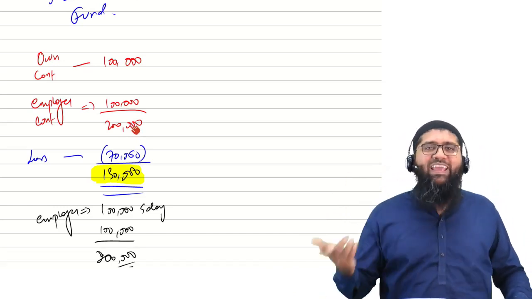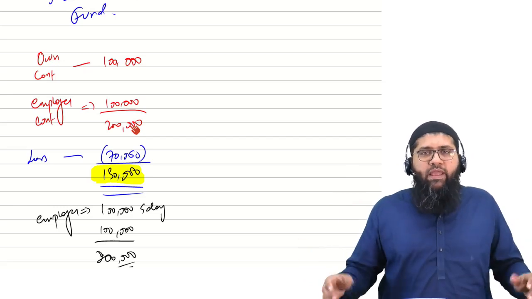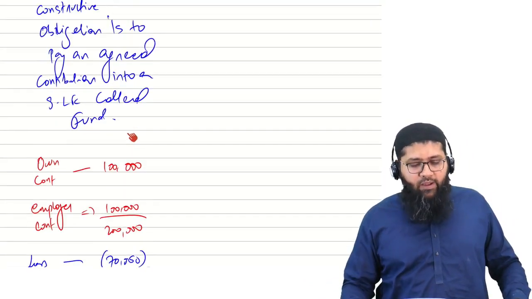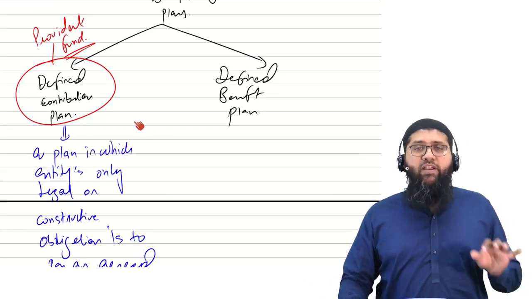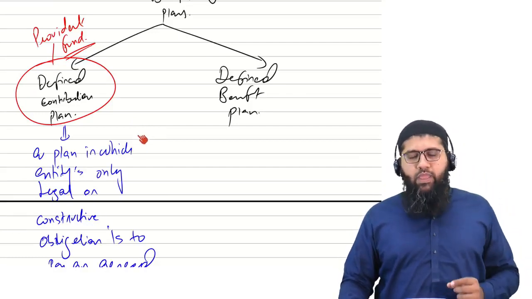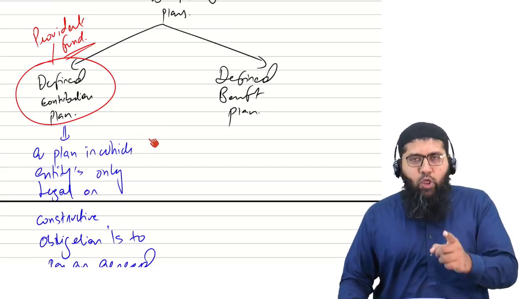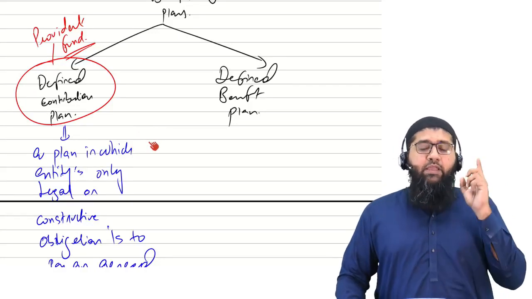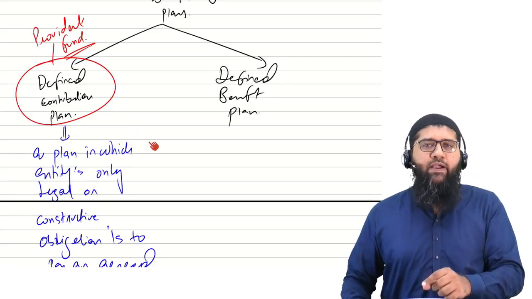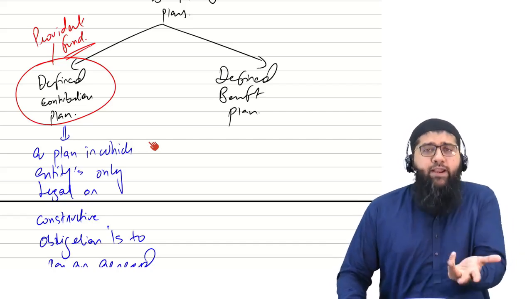So the employee would say, you should have told me earlier. So you would tell them that, look, the fund is being managed by trustees and you had the power to appoint the trustees. You employees appointed the trustees. Your appointed trustees manage the fund. If they mismanage it, what can we do?